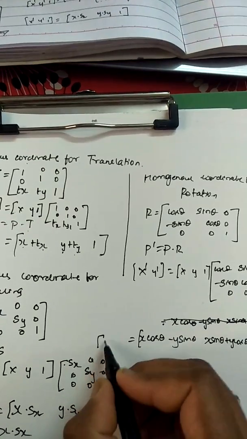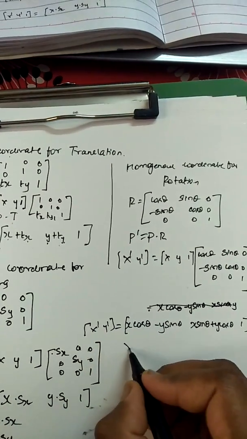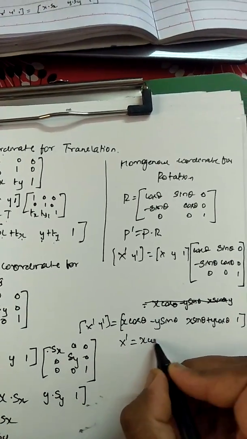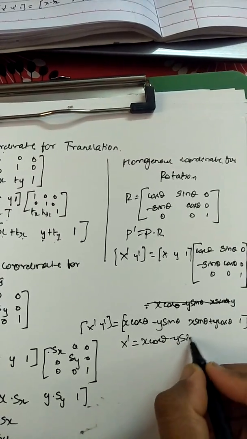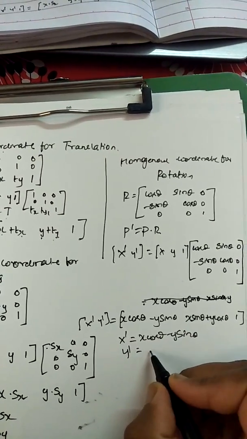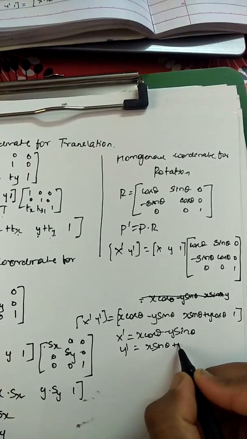This is how you get it. So your x dash is x cos theta minus y sin theta and y dash is x sin theta plus y cos theta.